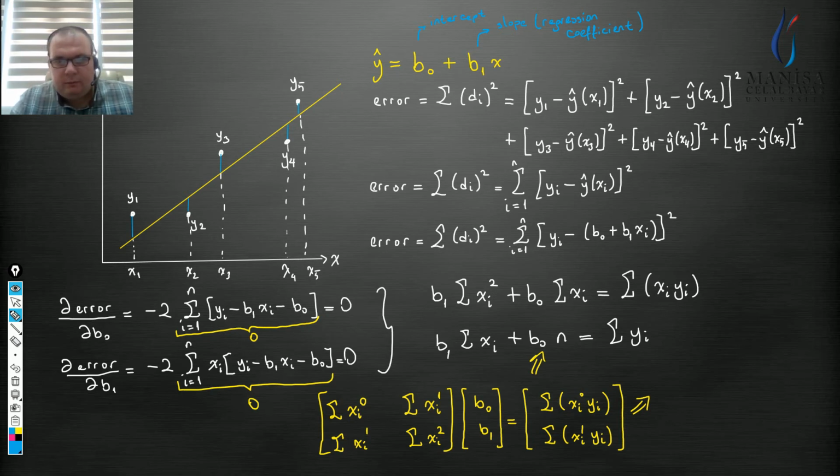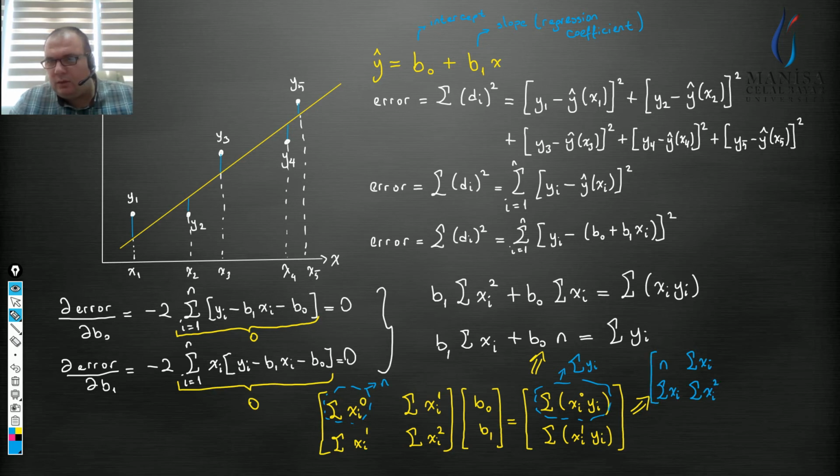We have lowercase n coming from this term, and also we will have the sum of yi's coming from this term. So we can use this matrix with the sum of x points, the sum of x points, and the sum of x squares.